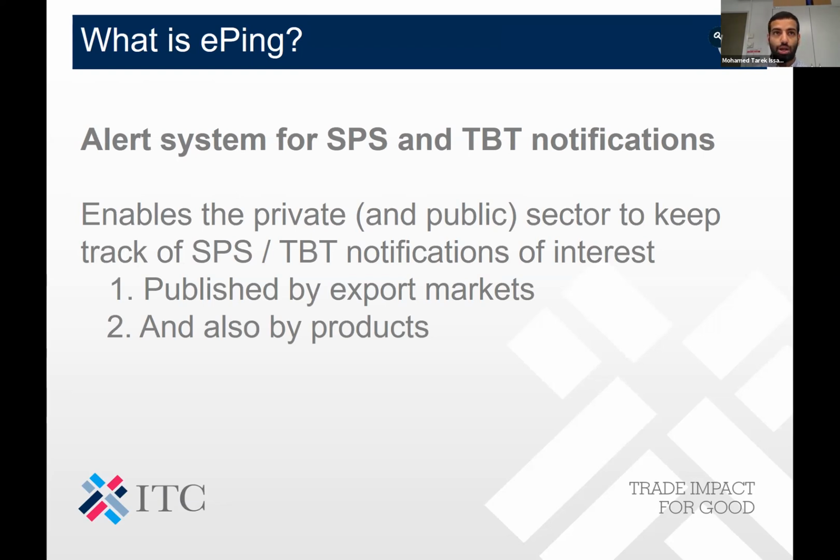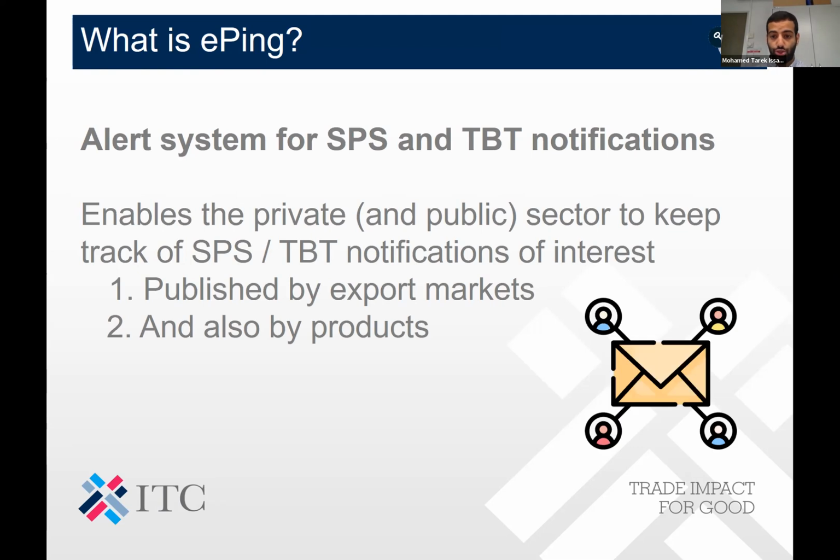I will show you how to go through these notifications, check the information available, and create an email alert, so that once there is a new regulation in your market of interest or imposed on your product, you get a direct email.